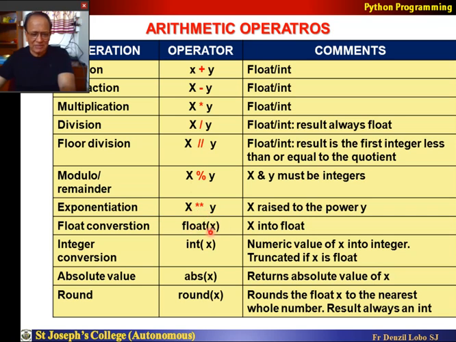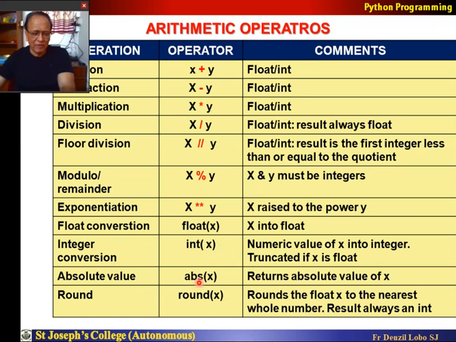That means if x is an integer, say 100, it is going to convert that into a floating number, 100.0. Whereas with integer, suppose you have 100.0 as the floating point, it truncates whatever is after the decimal and converts that into an integer.